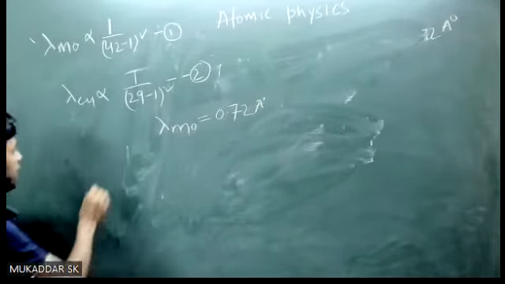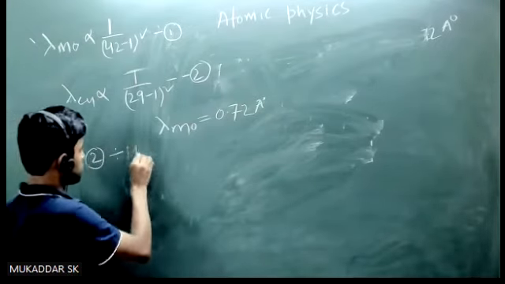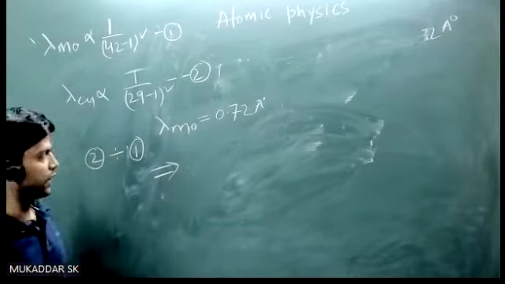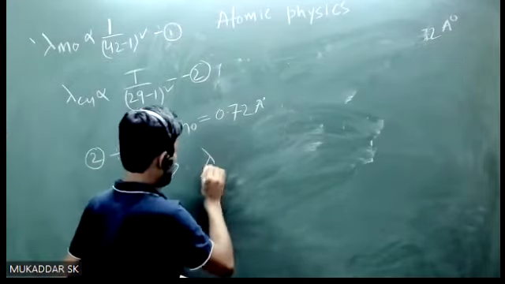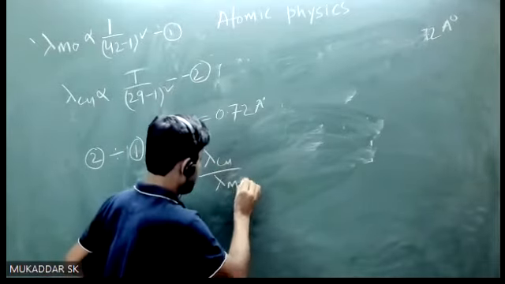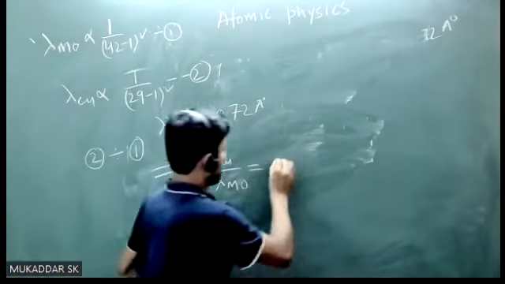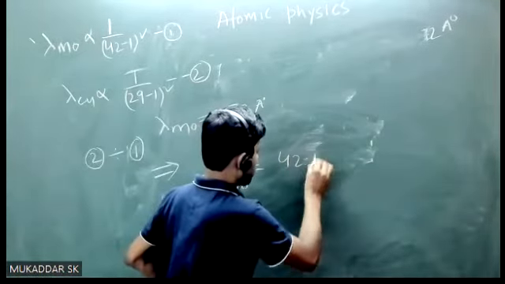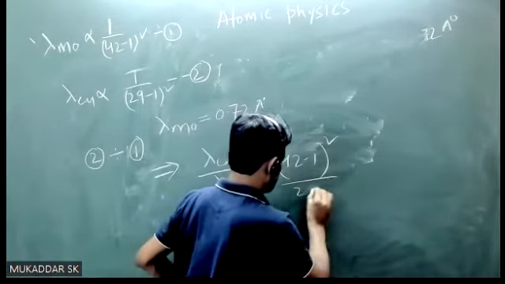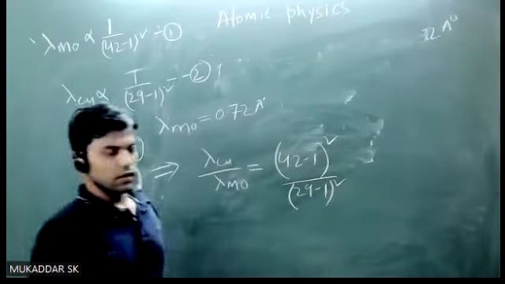Now let us divide equation 2 by equation 1. On the left hand side, you will get lambda of copper divided by lambda of molybdenum, equal to (42 minus 1) whole square divided by (29 minus 1) whole square. Is it clear to all?